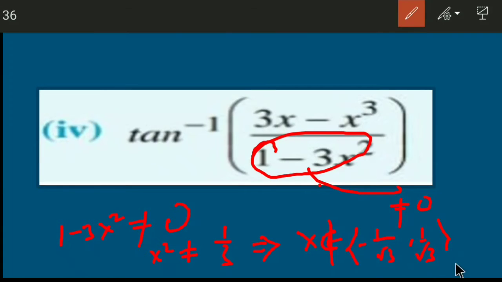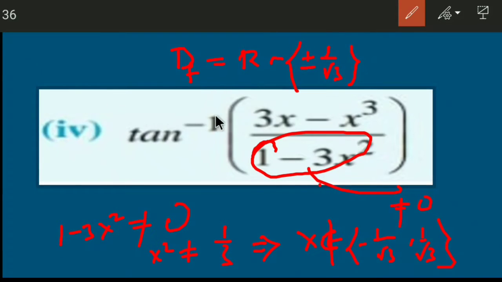So the domain of f will be all real numbers except plus minus 1 by root 3. This is the domain of the function.